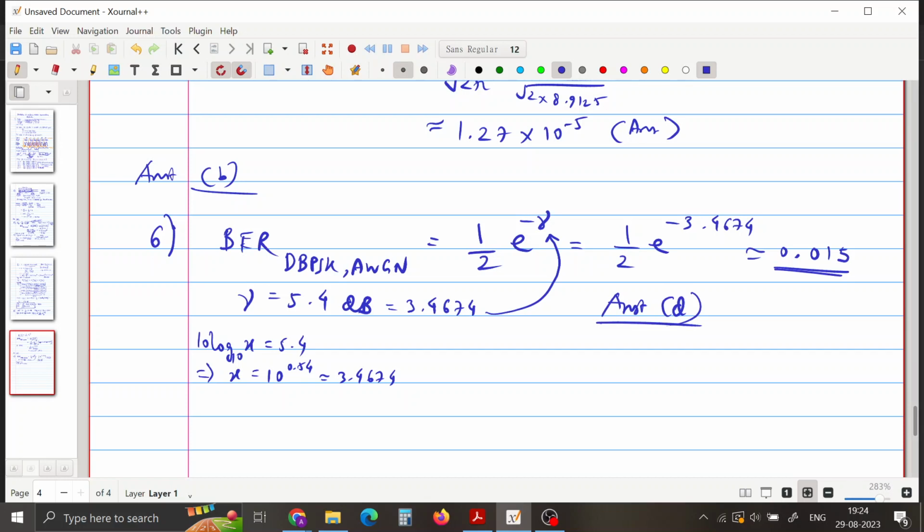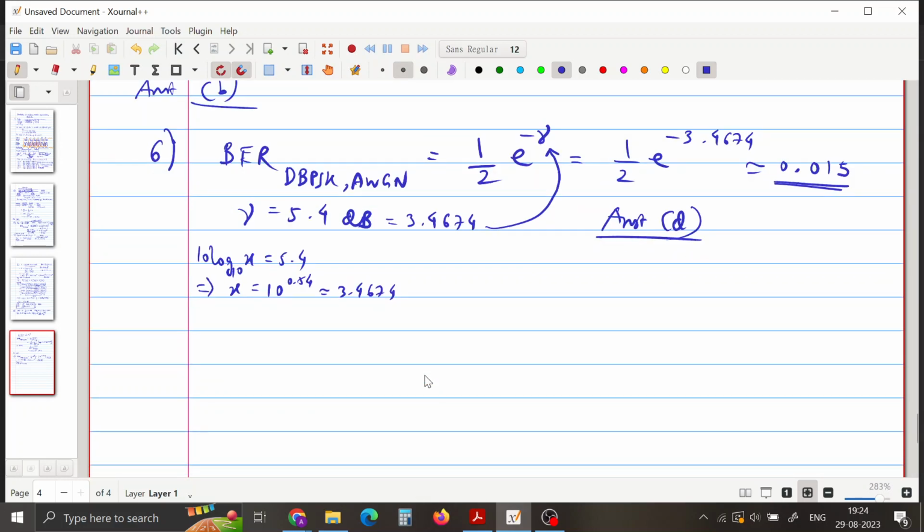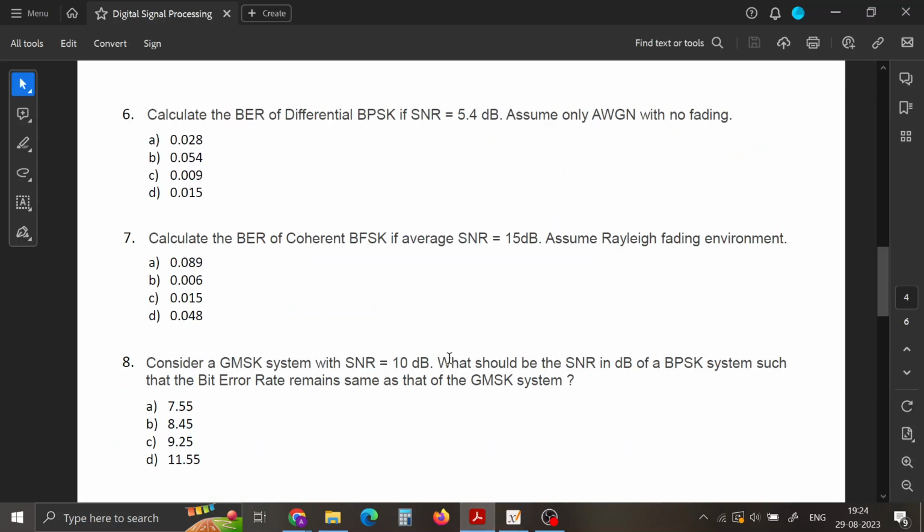See how much time did it take? Whichever problems are simple, straightforward, formula based, it will take hardly a minute to solve. You'll have calculators and you can easily solve it. Question number 7 is similar again. You have the closed form expression for all this, and just substitute the values, that's it.